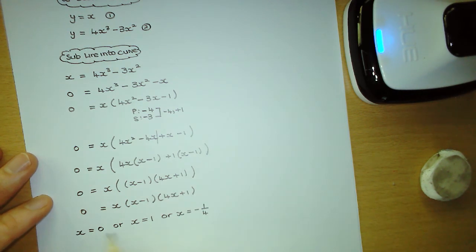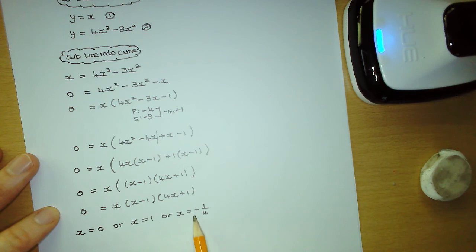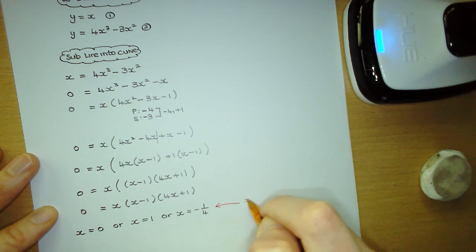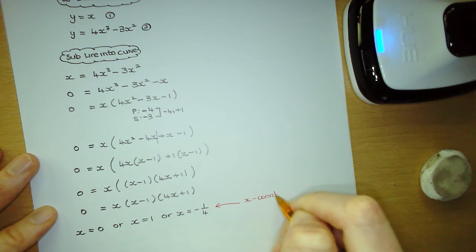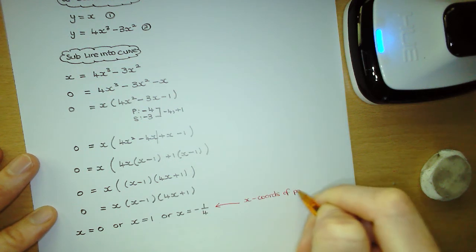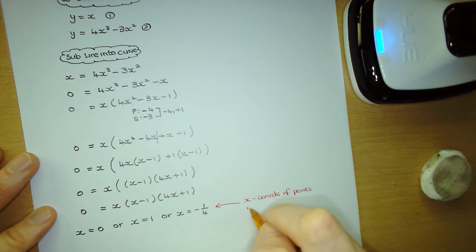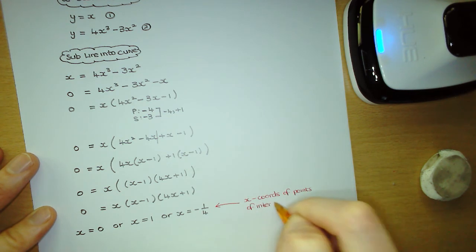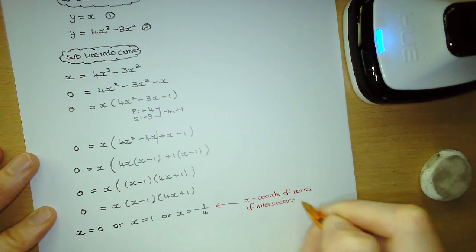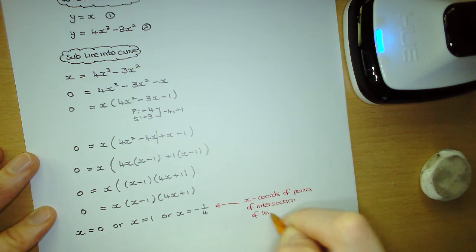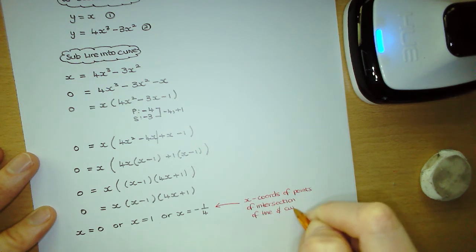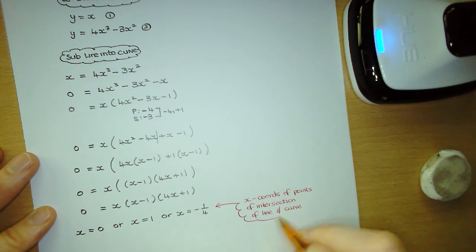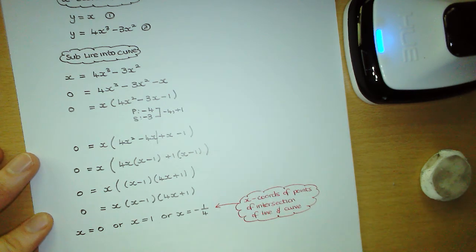So as we suspected from our sketch, there are 3 points of intersection, which means these are the x coordinates of those points of intersection. So 0, 1 and minus a quarter. So it wouldn't do any harm to put those on our sketch.